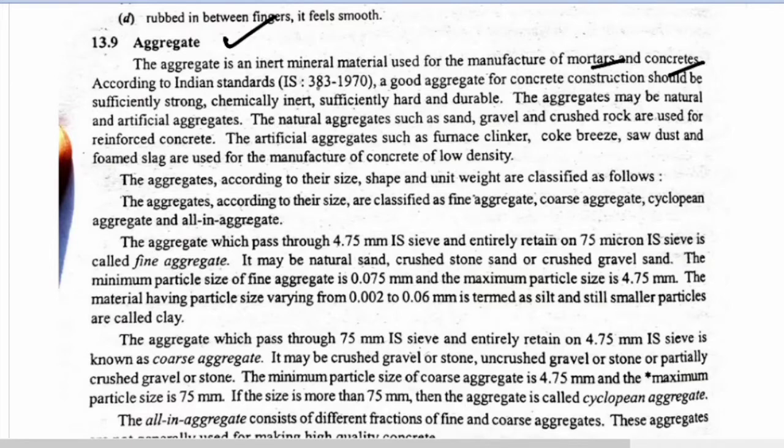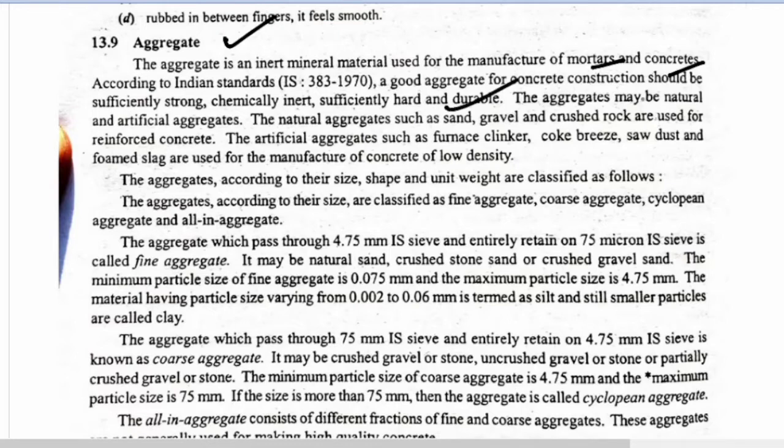According to Indian Standard IS 383-1970, a good aggregate for concrete construction should be sufficiently strong, chemically inert, sufficiently hard and durable.